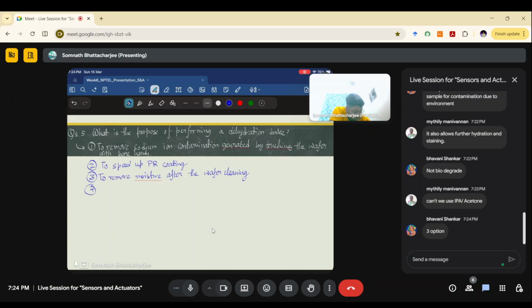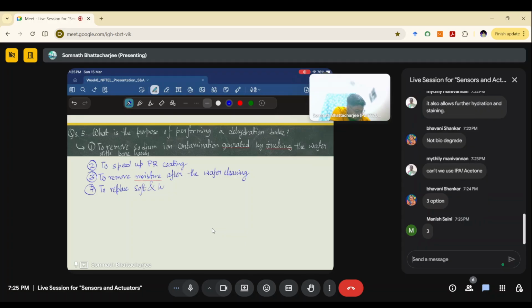Four is to replace soft and hard bake. Three, right? Yes.